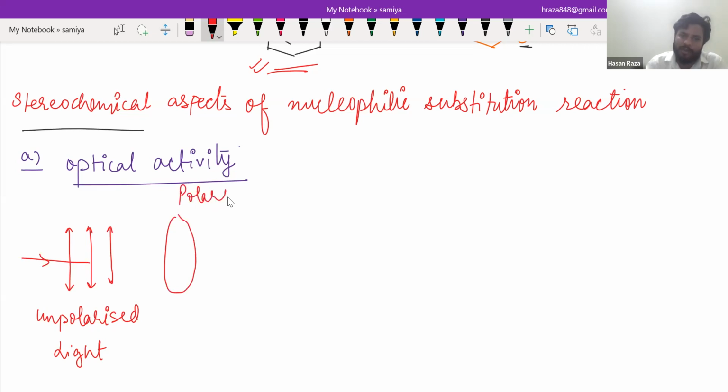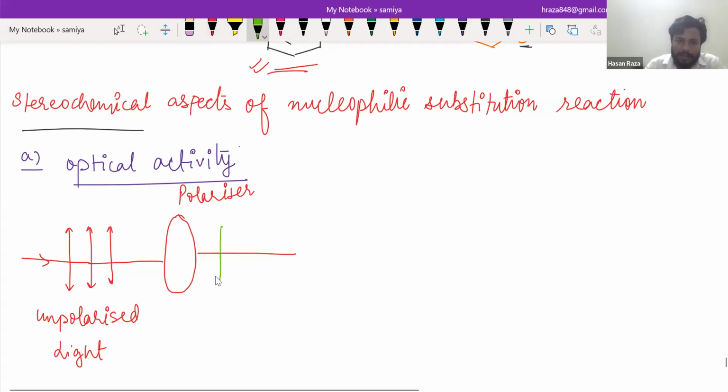This is an instrument called polarizer that makes unpolarized light polarized. You will study about it in physics, wave optics also. So after passing through this polarizer, the unpolarized light becomes polarized light.